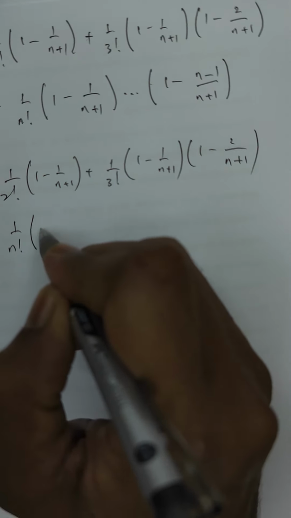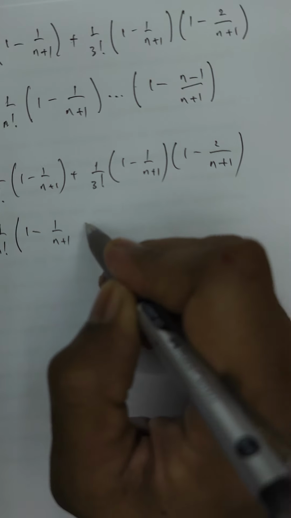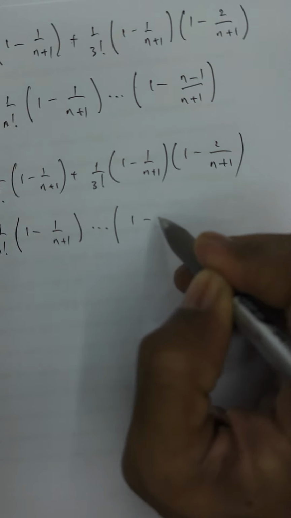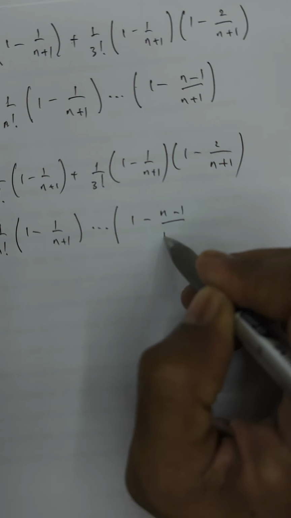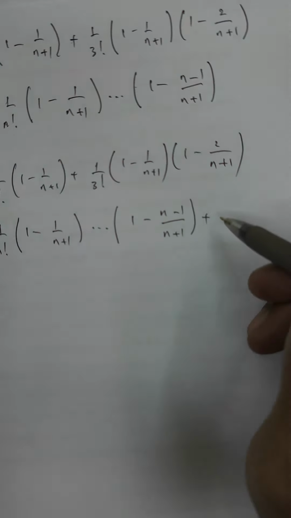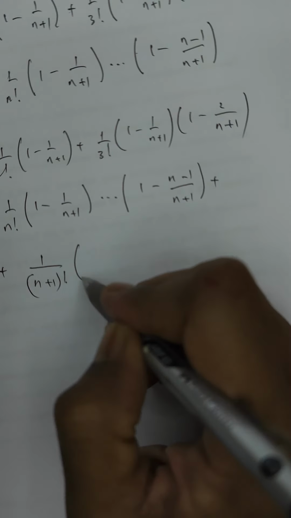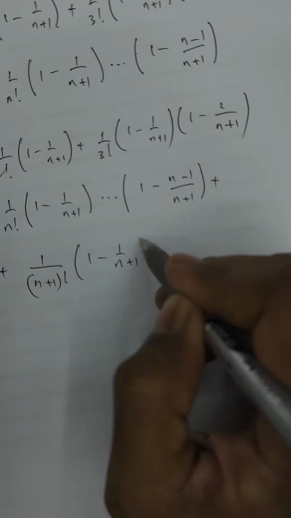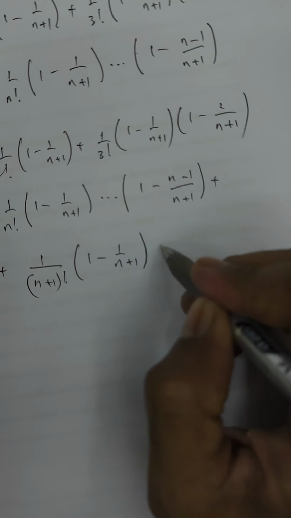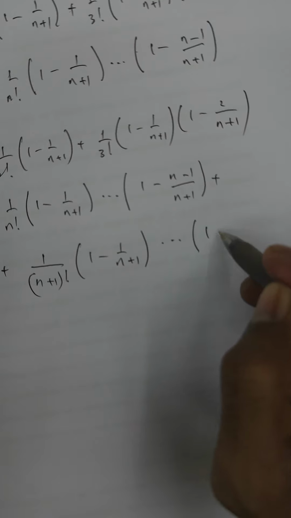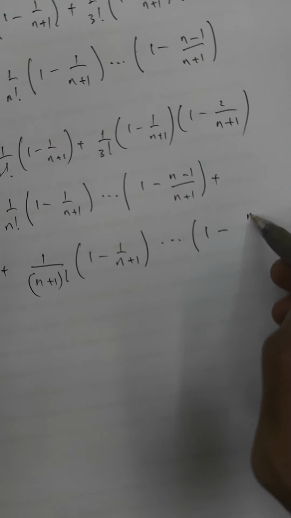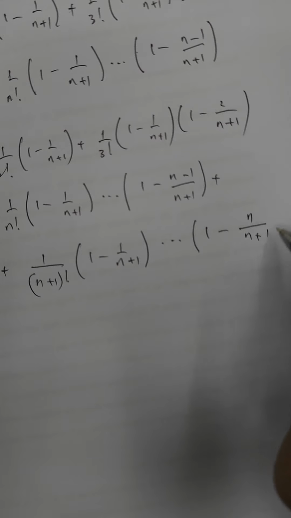Plus we have this term here, 1 over n factorial times 1 minus 1 over n plus 1 up to 1 minus n minus 1 over n plus 1, and we add one more term, 1 over n plus 1 factorial, then 1 minus 1 over n plus 1, all the way up to 1 minus n over n plus 1.